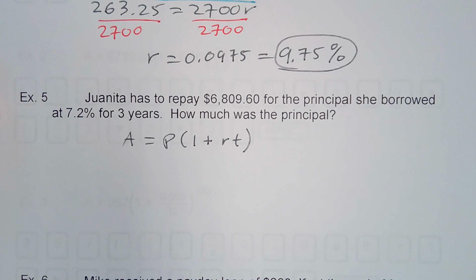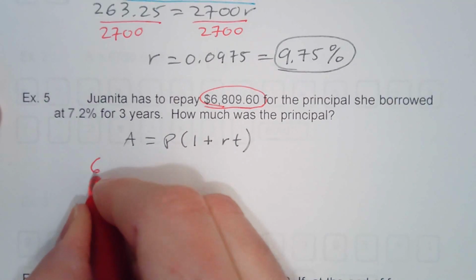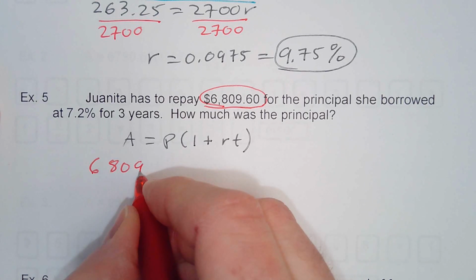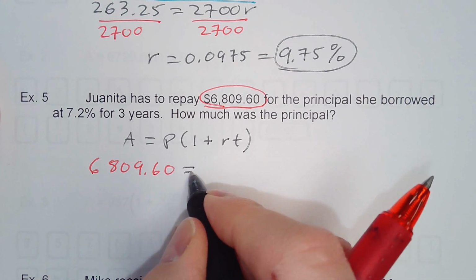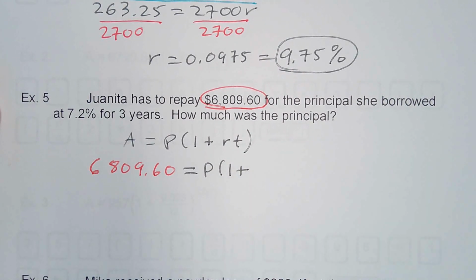So let's plug in what we've got. Here's our A value, $6,809.60. We don't know what P is, that's what we're looking for.